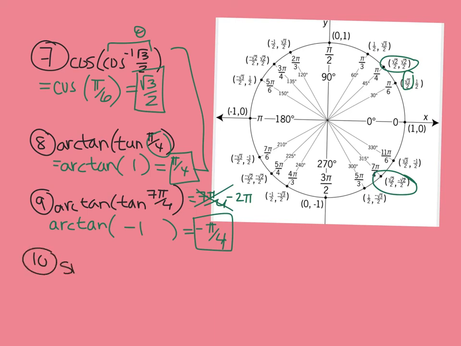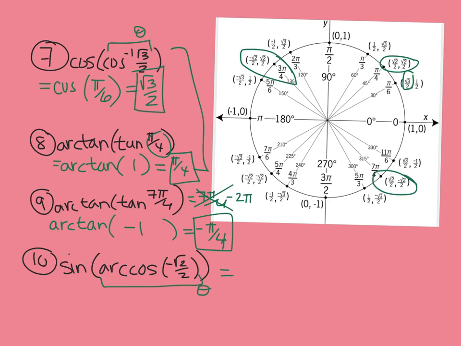Okay, we have one more example, and unfortunately, there's no shortcut for this one. So let's say I have sine of arc cosine of negative radical 2 over 2. Keep in mind that the stuff inside of the parentheses is going to be an angle. So arc cosine of negative radical 2 over 2 is going to be this value right here.